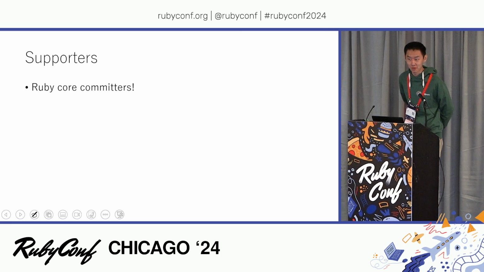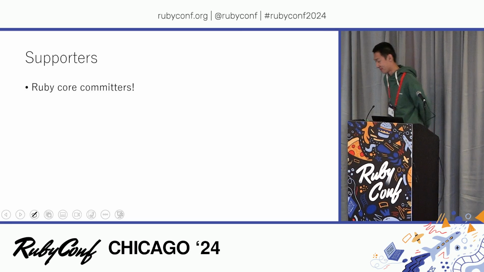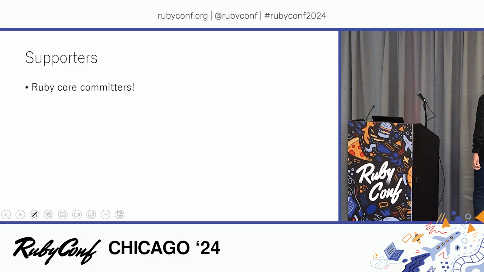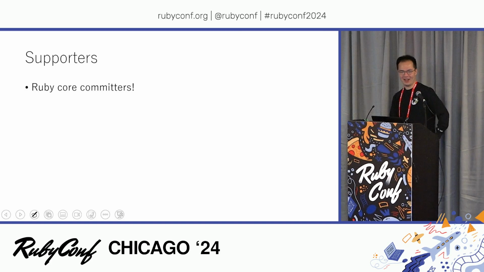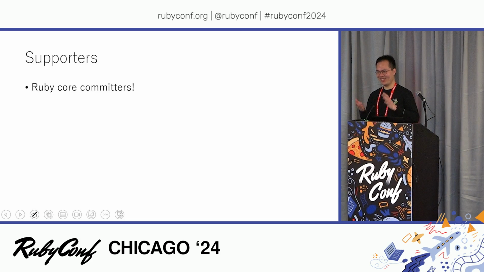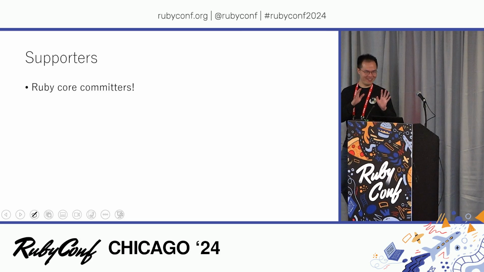I work at Shopify on Ruby GC stuff. I'm Alan. I work on widget stuff at Shopify. I'm friendly, but maybe I lack interpersonal skills compared to some of the rest of these guys, so don't read too much into my behavior. Come ask me if you have any questions.